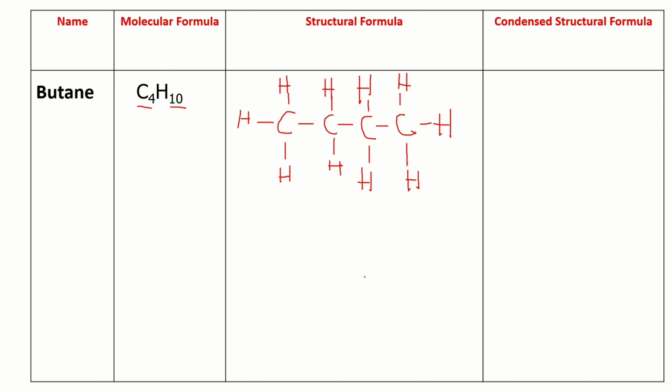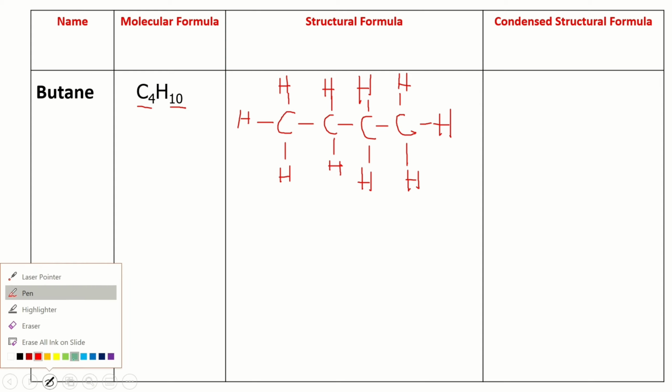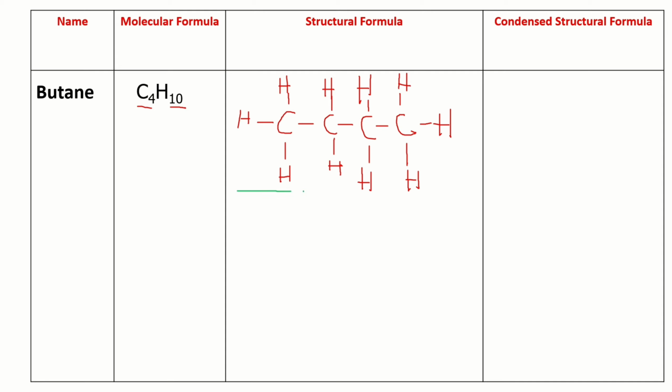Now, for the condensed structural formula, let's try another color. For the first carbon atom, we got CH3. Okay, 1 carbon atom and 3 hydrogen atoms. Next one, we got 1 carbon atom and 2 hydrogen atoms.